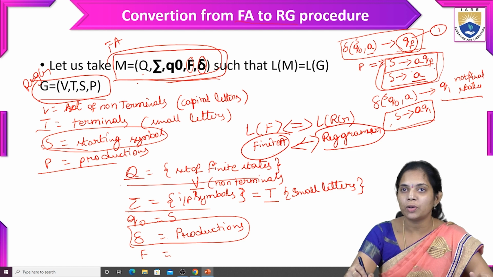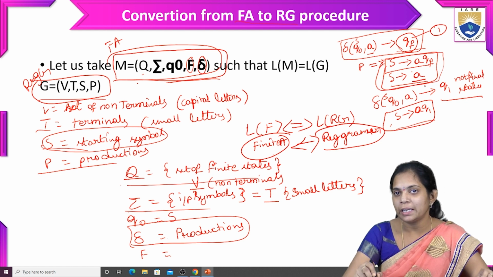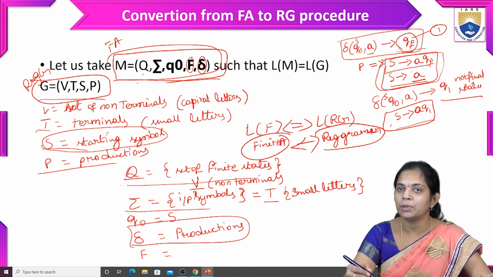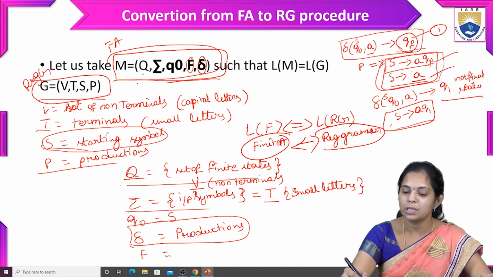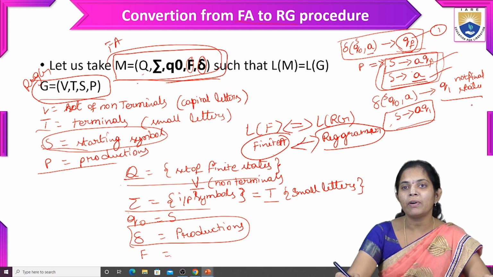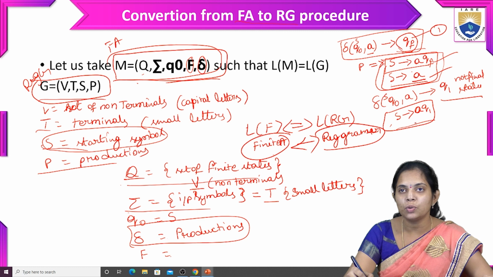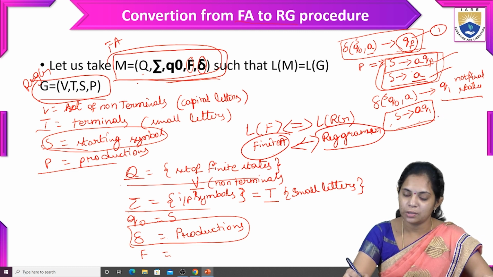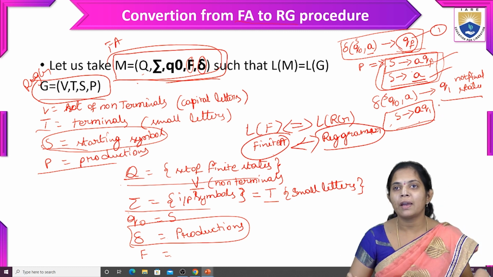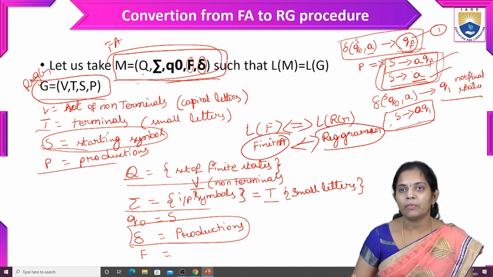What are the two productions? The state with the input symbol along with the state name, and with the terminal symbol. Those are the two productions. And when it is reaching a non-final state, it has only one production, that is S tends to AQ1. So this is the procedure to convert a finite automata to the regular grammar.